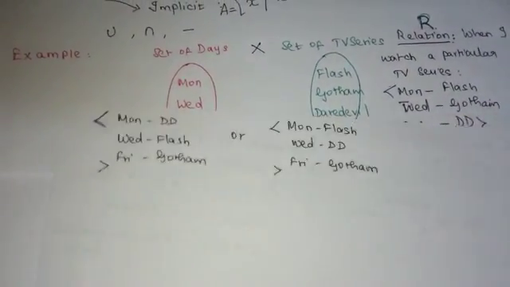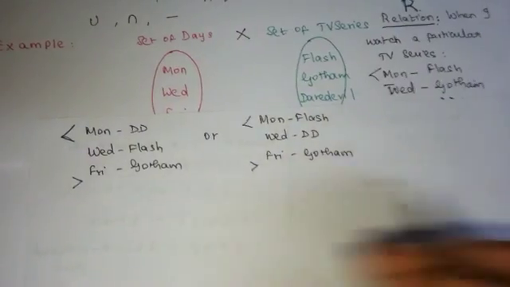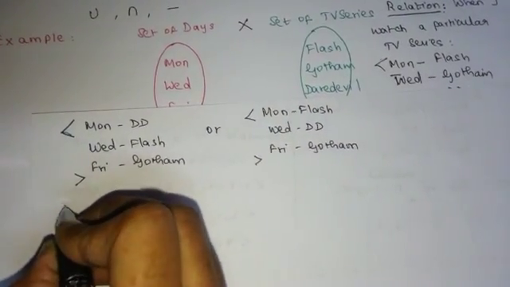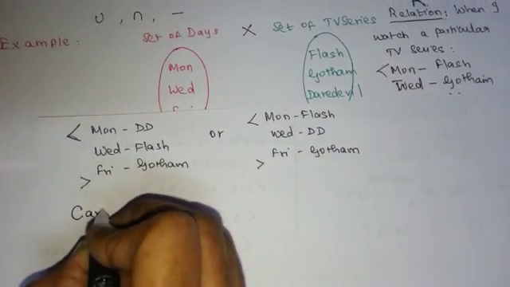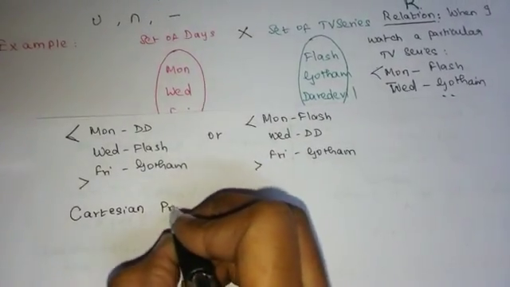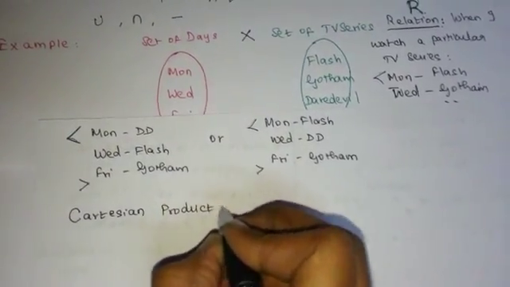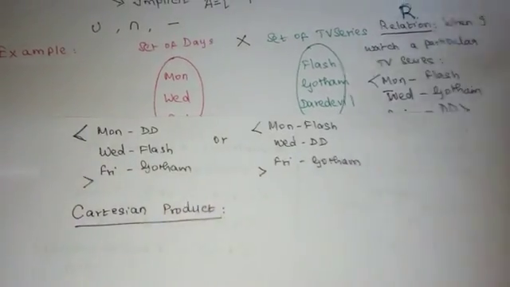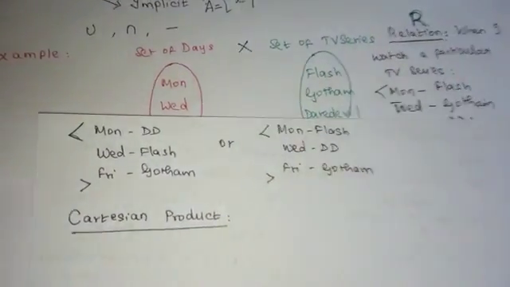So we saw that this looks similar to what we call a Cartesian product, right? So what is a Cartesian product?